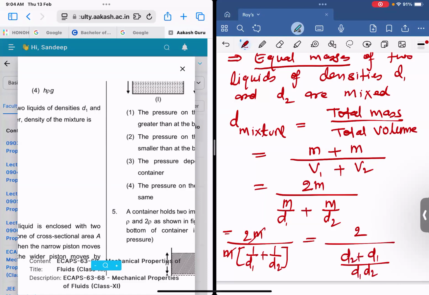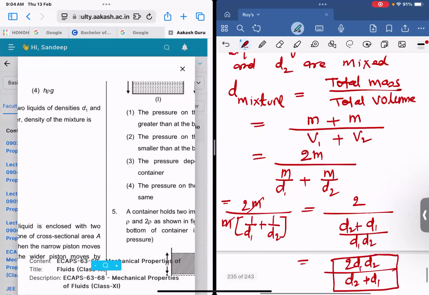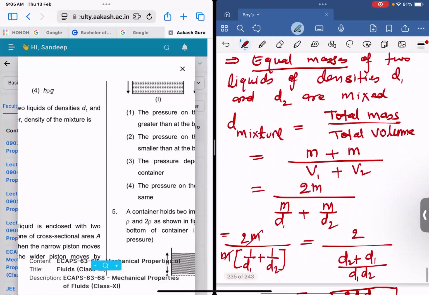That means the final answer is 2 d1 d2 divided by d2 plus d1. Understood? Yes, sir. Understood. Yeah, please write. Sir, could you scroll up? Thank you.